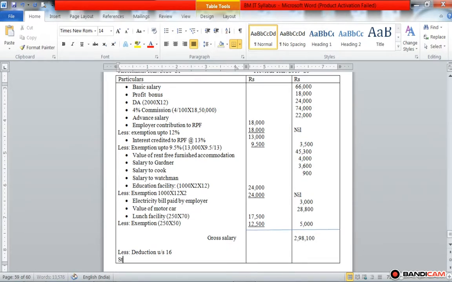So the first deduction is the standard deduction under section 16, subsection 1(a), 50,000. Then the next one is entertainment allowance under section 16 subsection 2, nil.